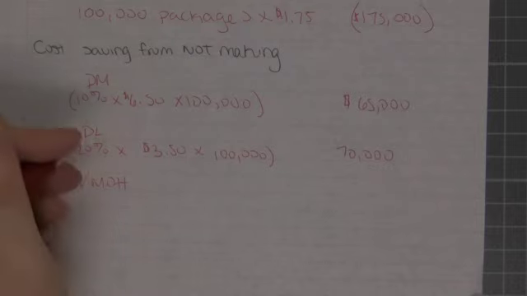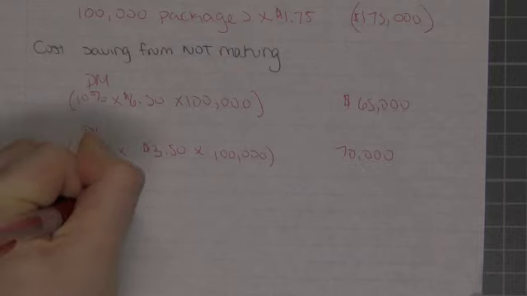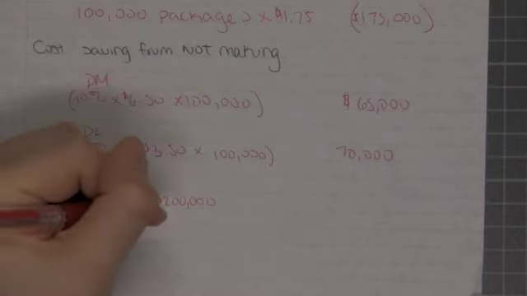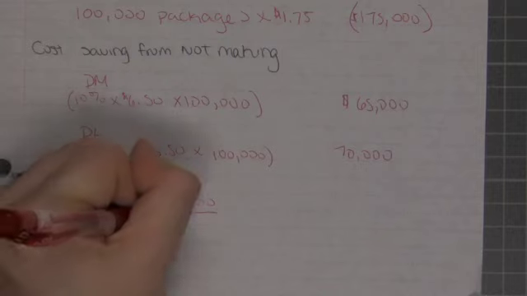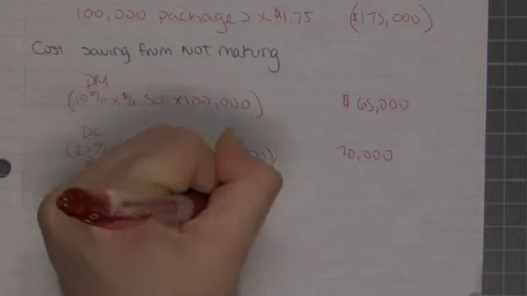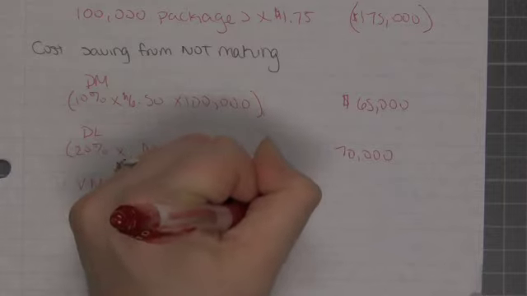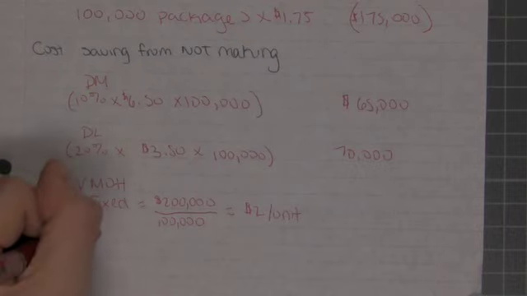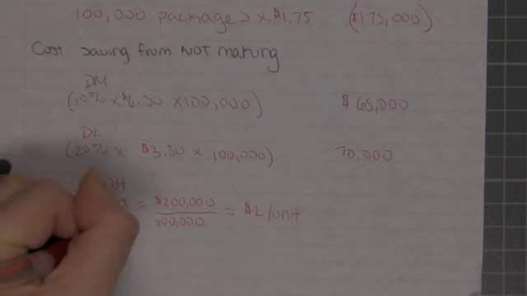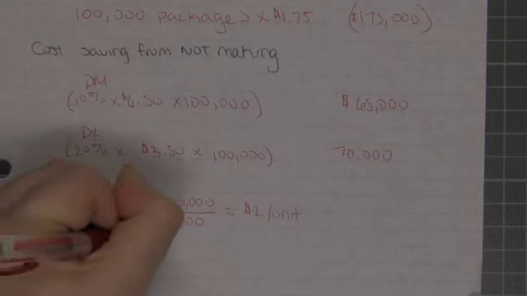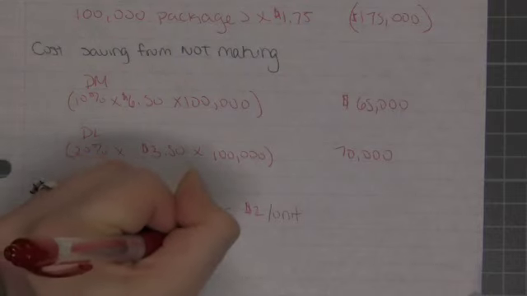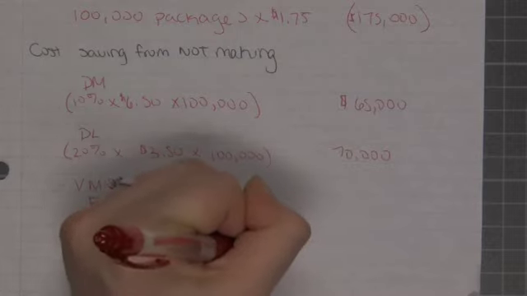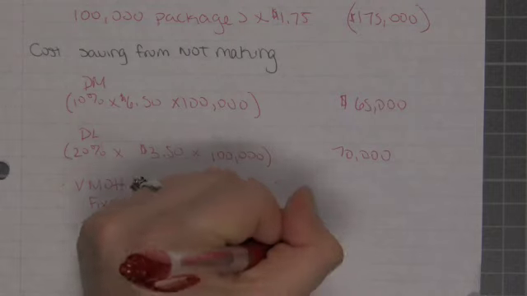So if our fixed overhead in total is $200,000, and we are going to make 100,000 units, we have $2 per unit of fixed overhead. So the book tells you that the total overhead, fixed and variable, is $3 per unit. So that leaves us with, get your calculators ready, $1 per unit of variable.